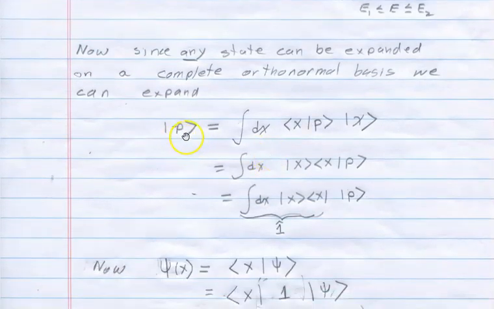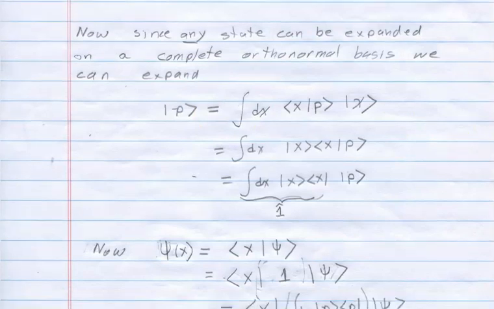I can represent this momentum eigenfunction in terms of its projections. Okay? And the way I look at these is the following: I think of this as those coefficients, and we've done this before.